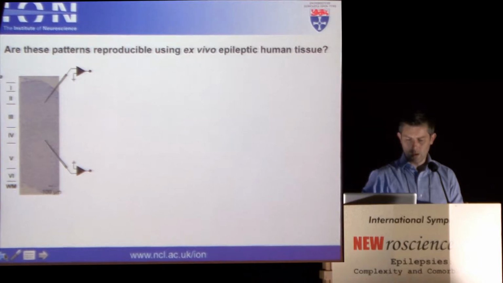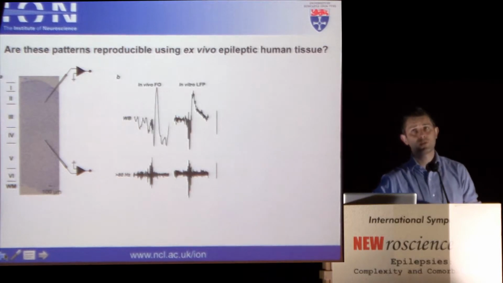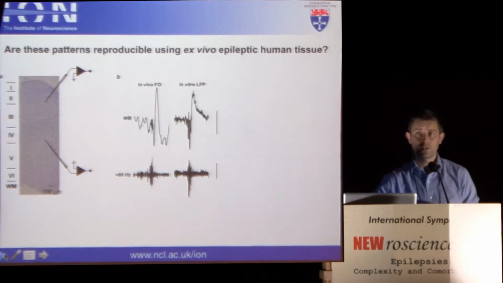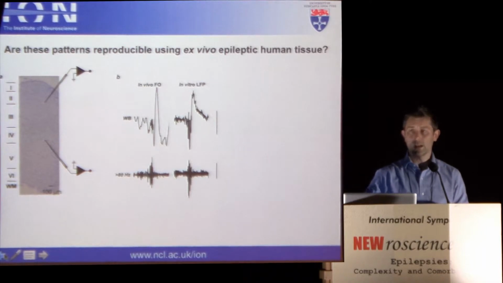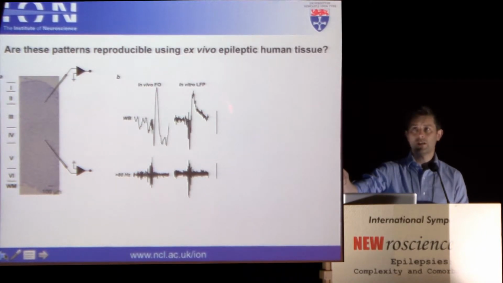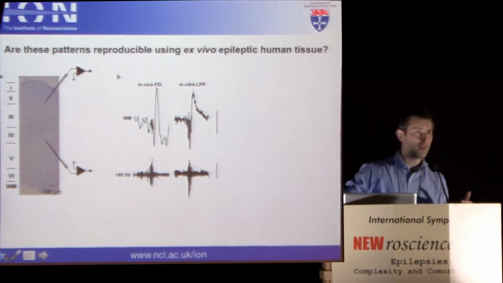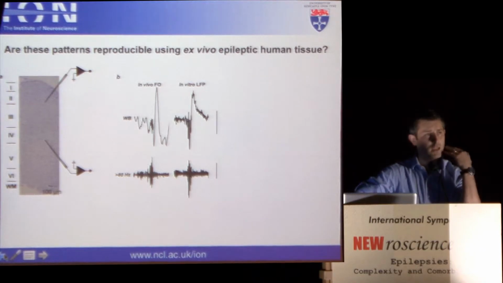Now, we've already published a number of papers in 2010 and more recently, in which we have clearly demonstrated the spontaneous presence of these high-frequency oscillations. So here are two data traces. We have an electrode, the foramen ovale electrode, which was placed into the patient before surgery.